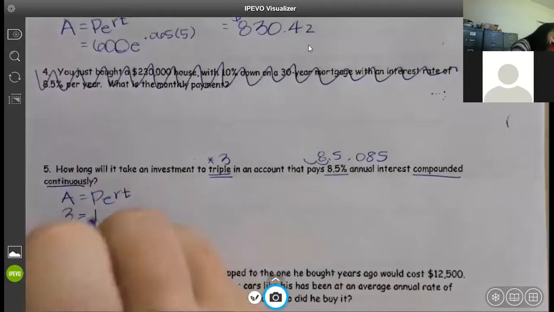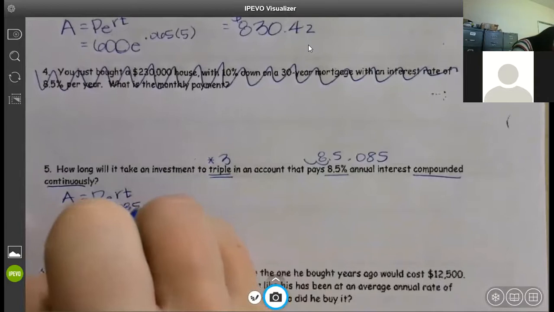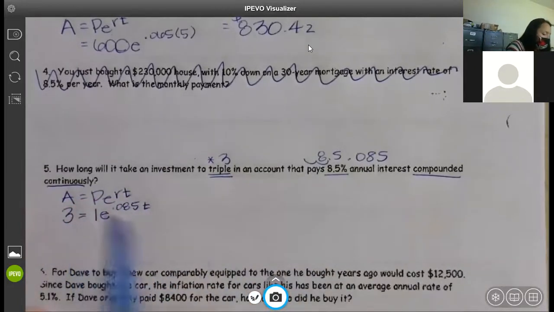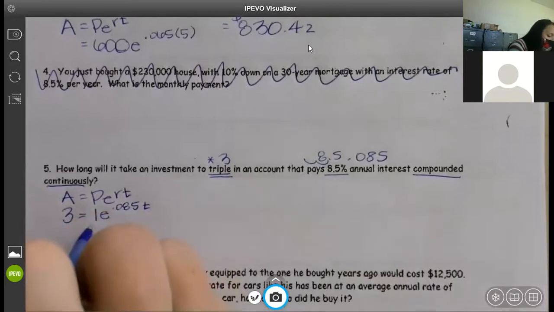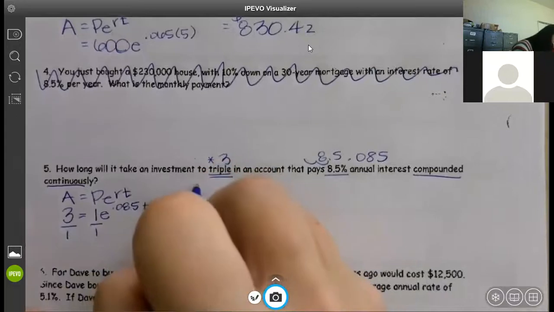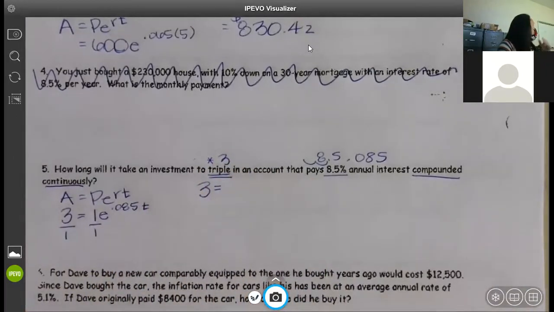All right. E, our rate is 0.085 to the T, and we're solving for that T. So remember, this 1 in front really doesn't matter, but if you actually put a value in there, we want to get rid of it first by dividing by that. So we still get 3 equals, and you should get 3 in the end. It should be a triple.